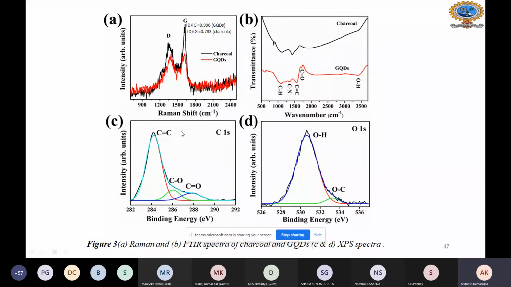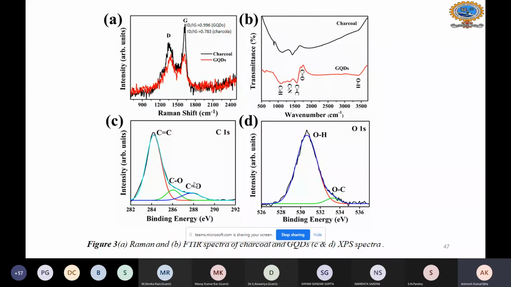This means that the quantum dot structure has been formed with carbons connected in an sp2 hybridized manner. So these are the characterizations that tell that the graphene quantum dots have been synthesized.